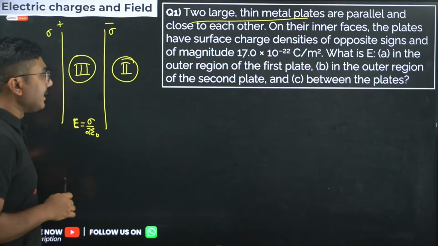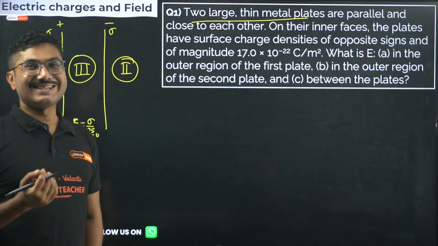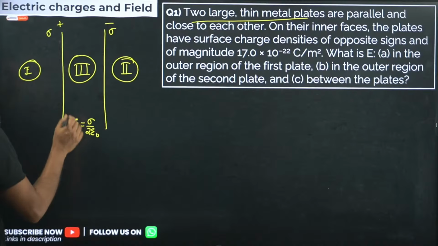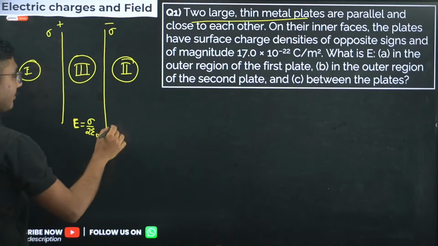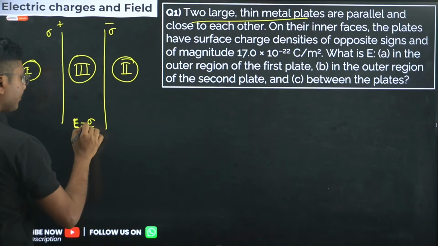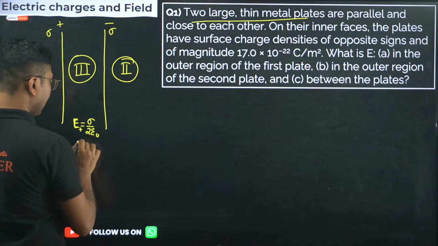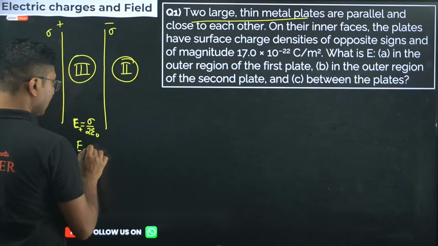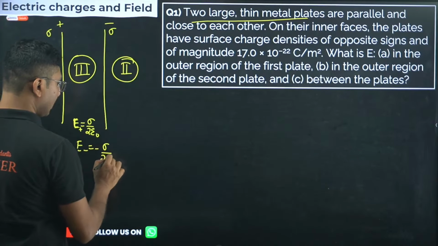So the electric field near a charged metallic plate is sigma by 2 epsilon naught, and one plate is positive, another one is negative. If this is positive, then the electric field due to the negative plate will be minus sigma by 2 epsilon naught.